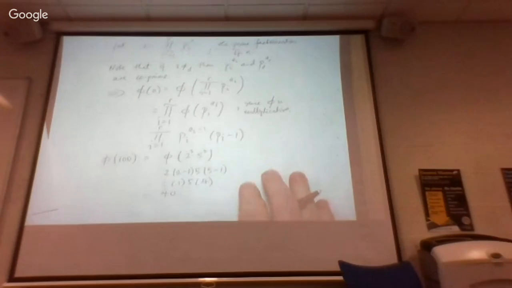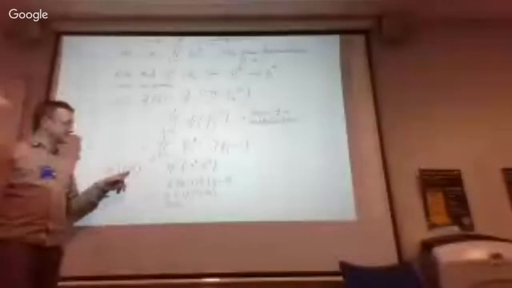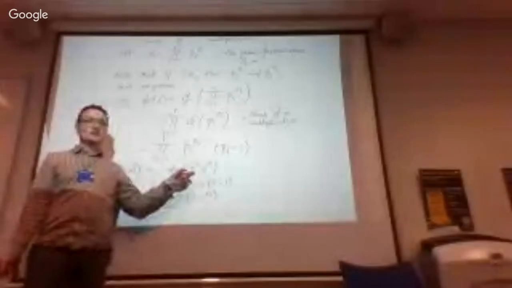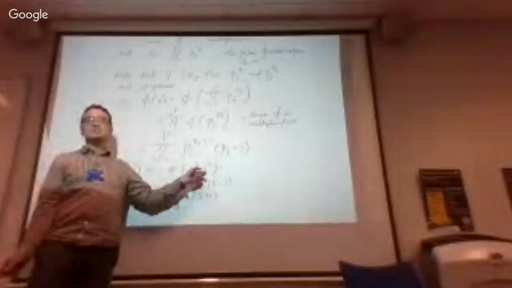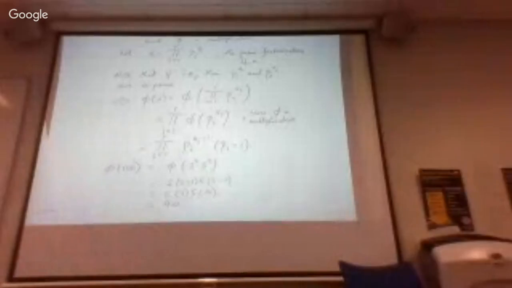So there are 40 numbers which are co-prime to 100. It's basically all the numbers between 1 and 100, except you have to exclude all of the even ones. So you've got factors of 2 there you have to avoid. And you also have to avoid all the multiples of 5. You avoid all the even numbers, well, there's 50 of them, so you chuck 50 of the 100 away.